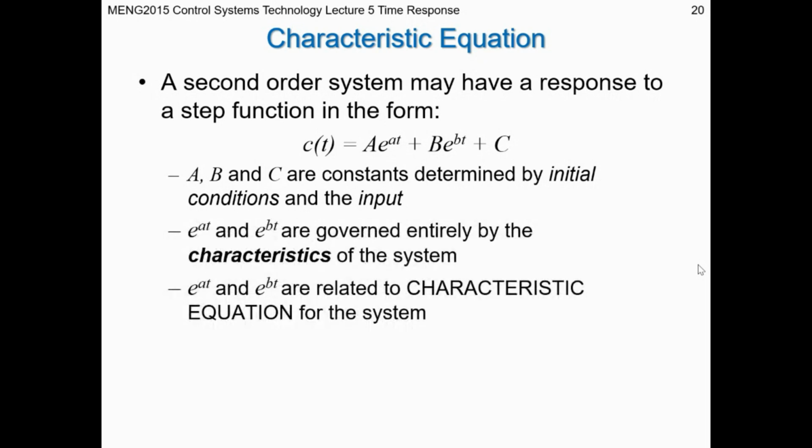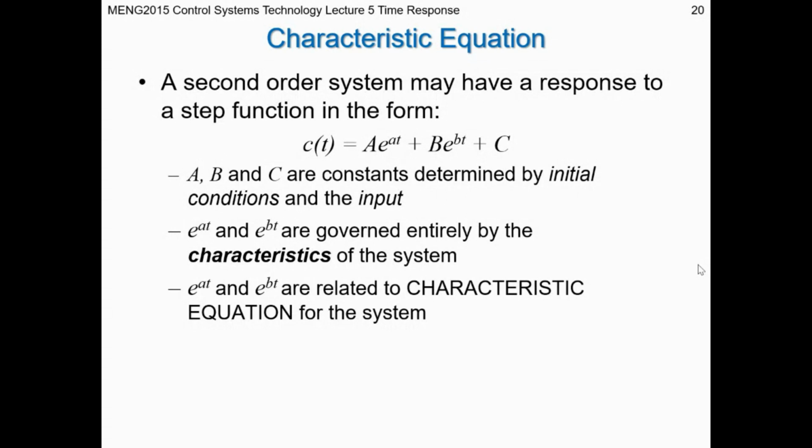The exponential terms, e to the at and e to the bt, are entirely a function of what we call the characteristics of the system. So that's to do with the properties. If it's a mass spring damper system, the mass, the damping constant, the spring constant.